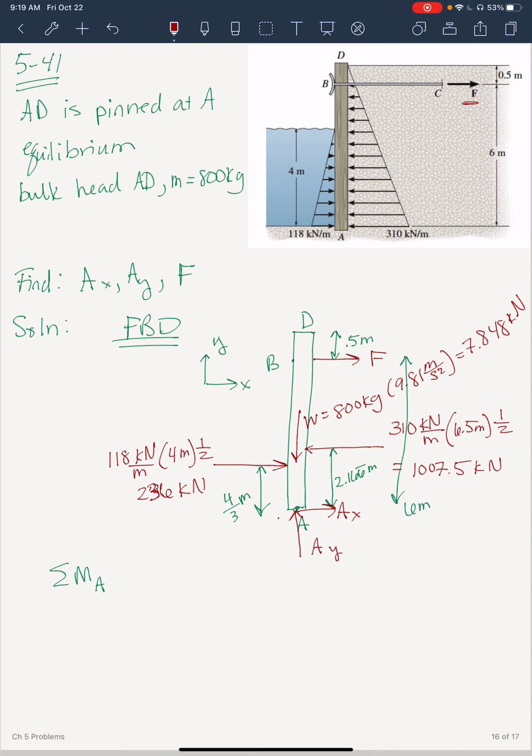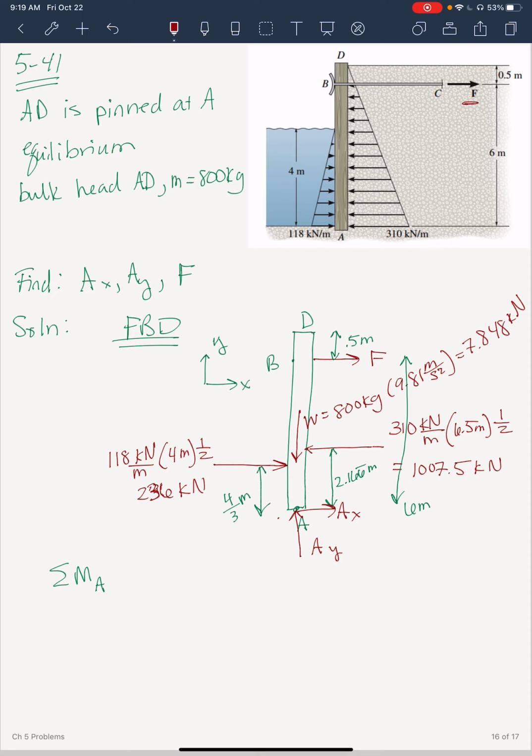I took a guess at those directions because the force from the soil is so high, over 1,000 kilonewtons. I'm guessing that the AX will need to go to the right to counterbalance that, but it's just a guess. And then AY, we have the weight coming down, so I assume AY is going to need to go up to counterbalance that weight.